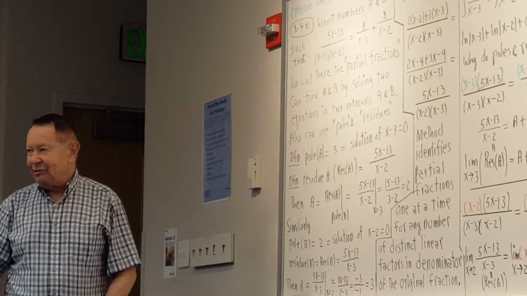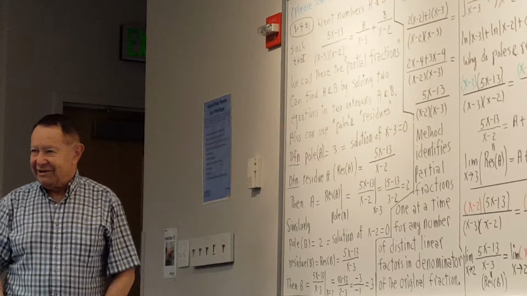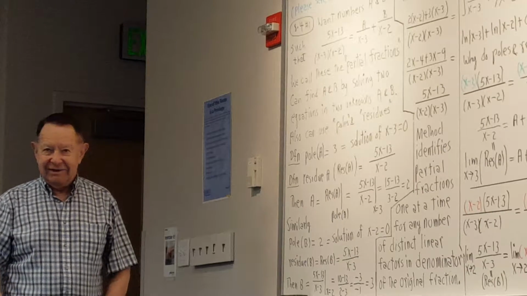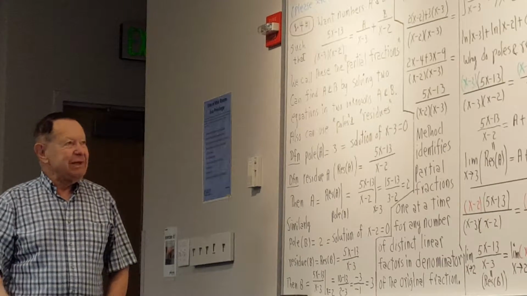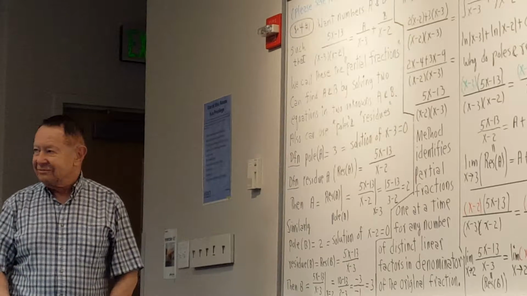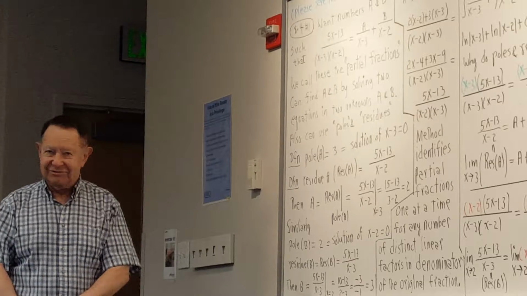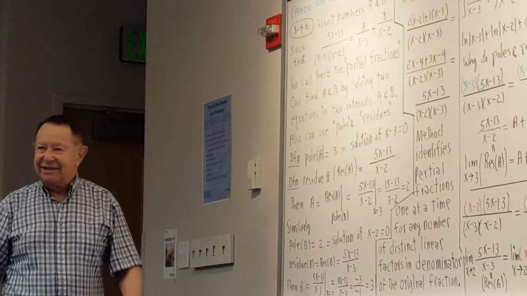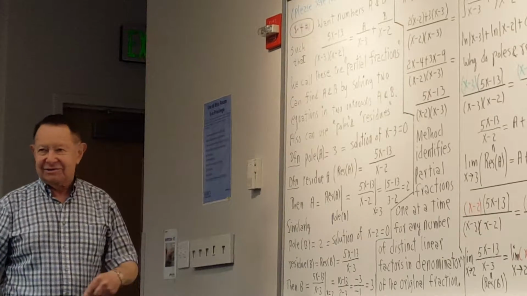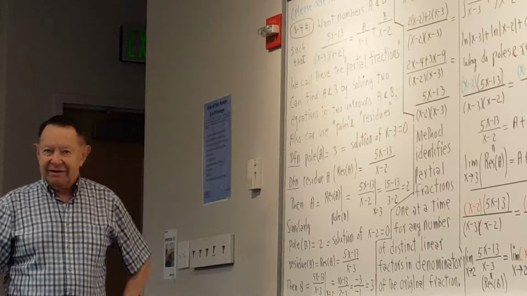But how about 4, 5, and so on? That's not very good. 5 is about all your graphing calculator will handle, about 5 equations and 5 unknowns. You get enough factors and you're beyond what a really good computer will do.